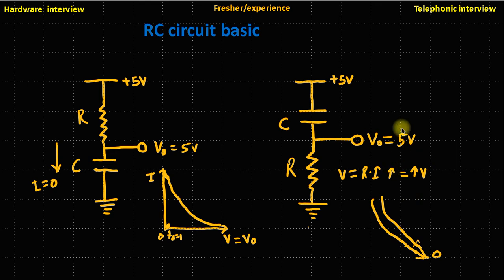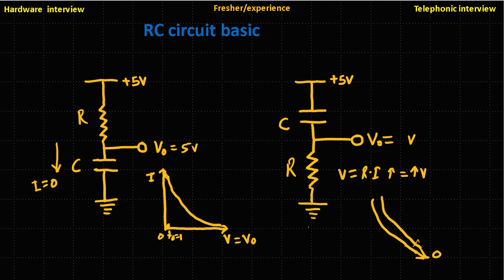So after some time there will be no current because the capacitor is fully charged, and when the capacitor is fully charged, there will be no current across the capacitor. So after some time when the capacitor charges, the output voltage here will be 0 volt because there is no current across the resistance.